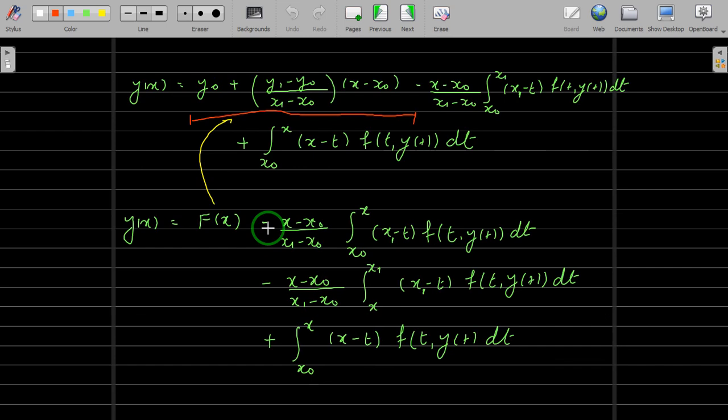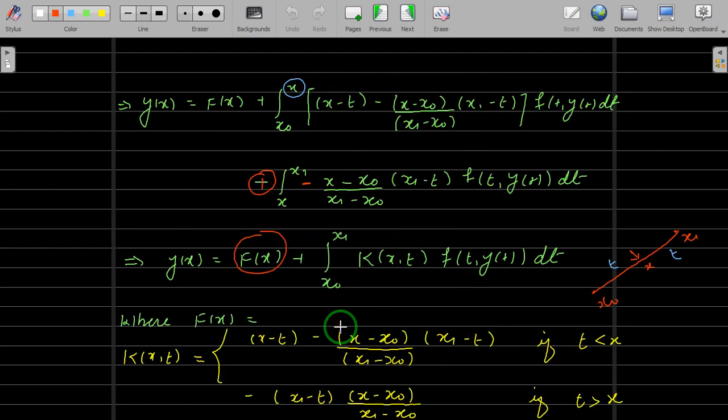So I can say this is a Fredholm integral equation. Which kind? Second kind, because the coefficient of y of x is 1, or you can say constant.